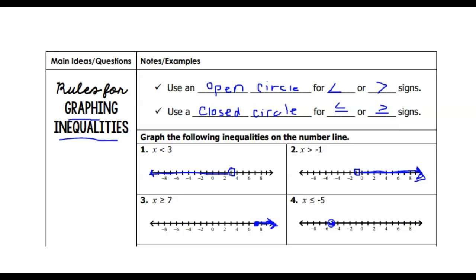And Xavier, am I shading to the left or the right? Which side? Left side. Yeah, X is less than. So I want all those values on the left. Awesome, key learners. All right, with that being said, guys, let's move on to the next part.